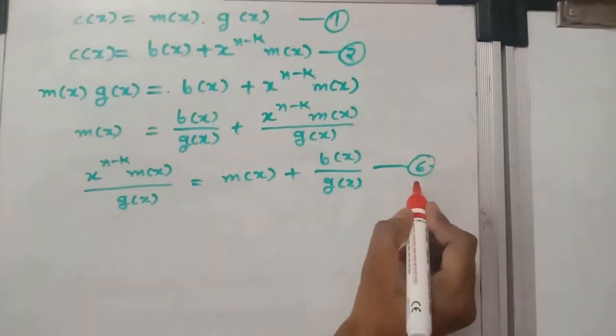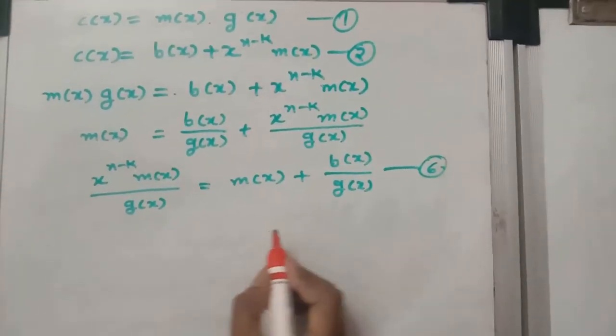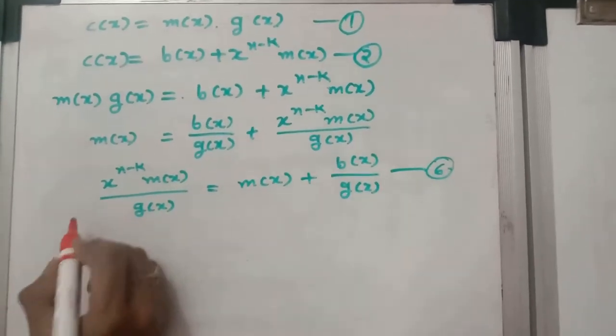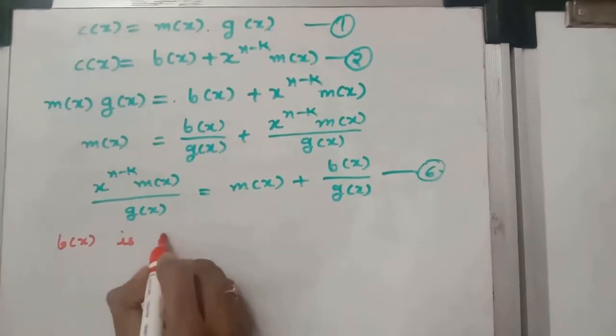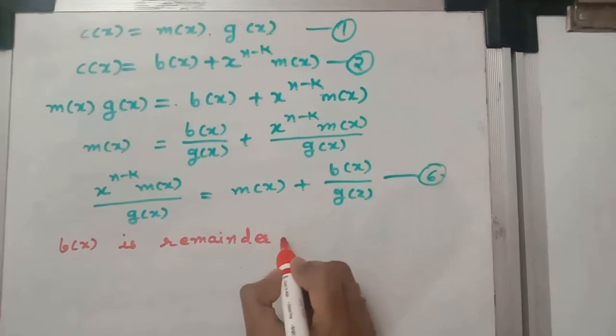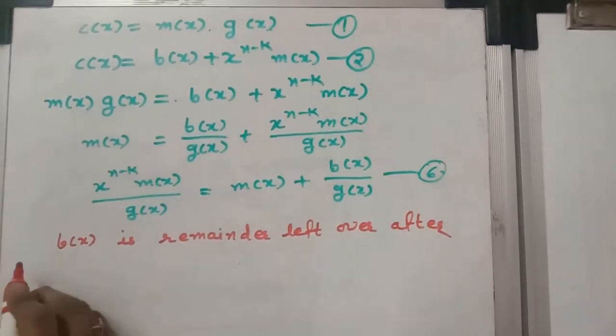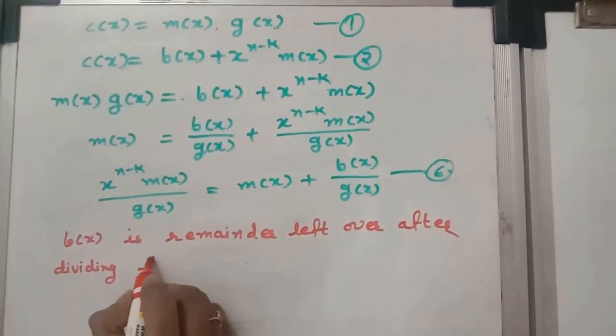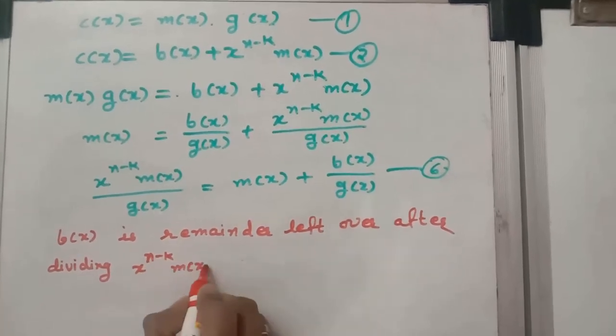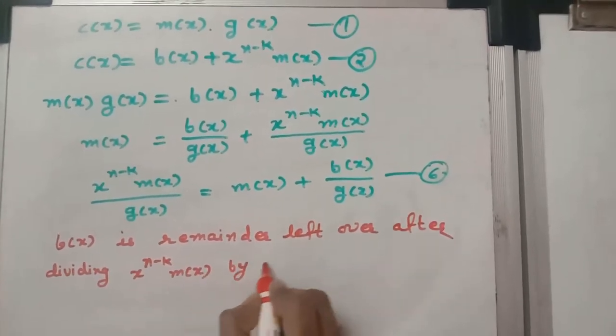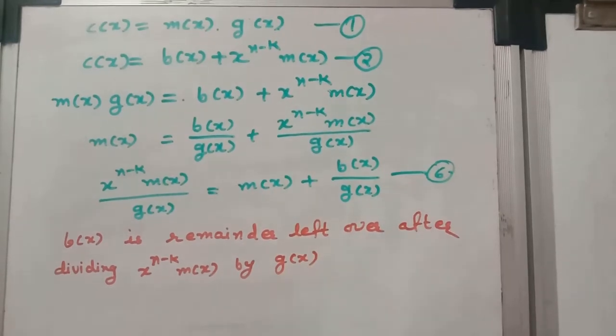From this equation number 6, we can observe that this b of x is the remainder left over after dividing x raised to power n minus k m of x by g of x. What does it mean?